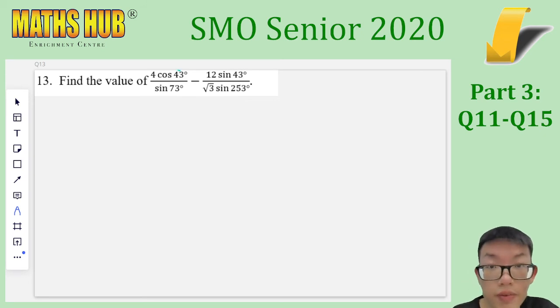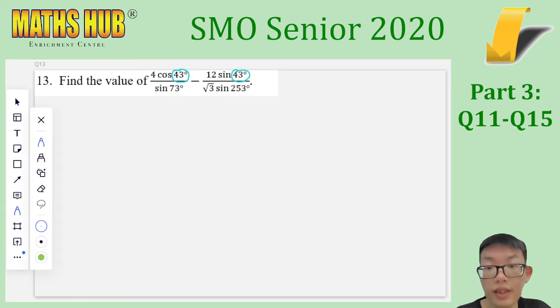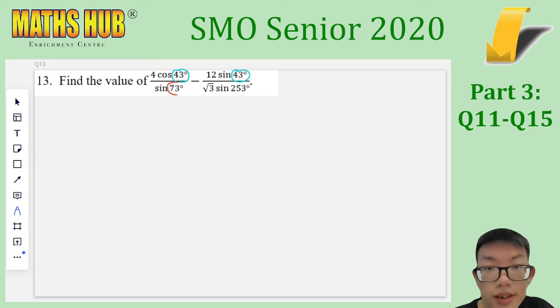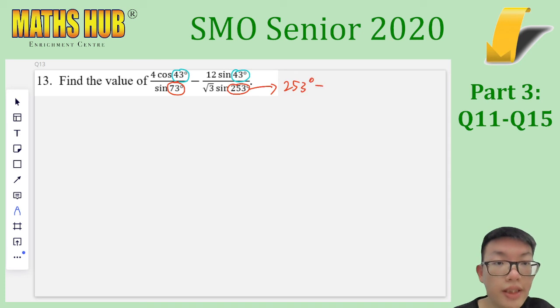Now at the top, we have 43 degrees repeated a couple of times. At the bottom, we have got 73 degrees and 253 degrees. Now we realize that 253 degrees is just 73 plus 180 degrees.